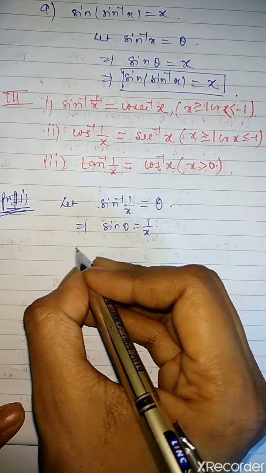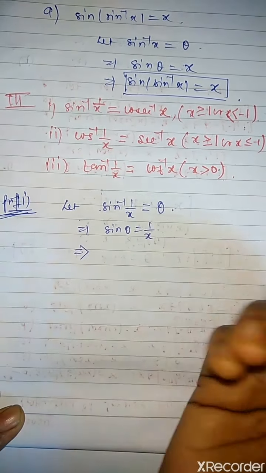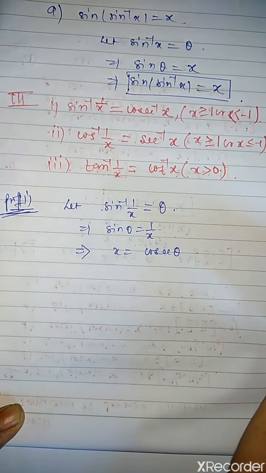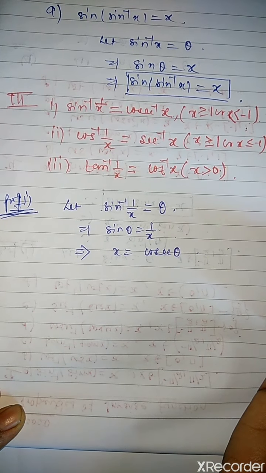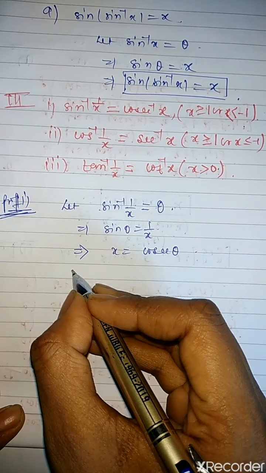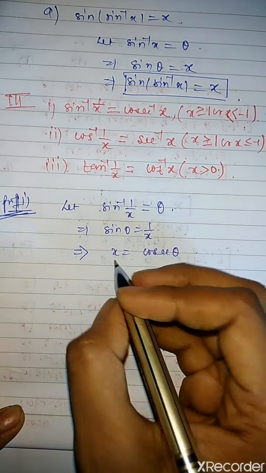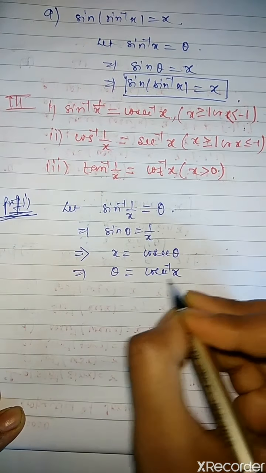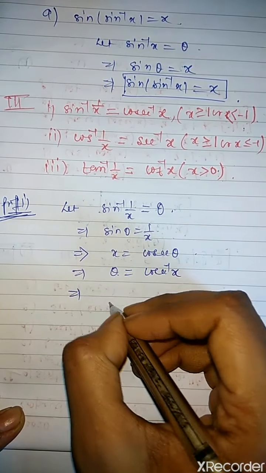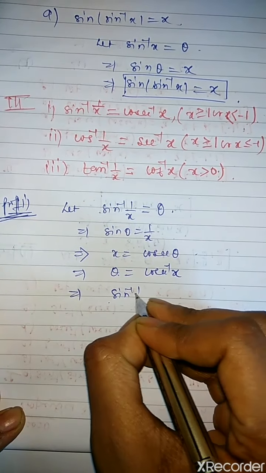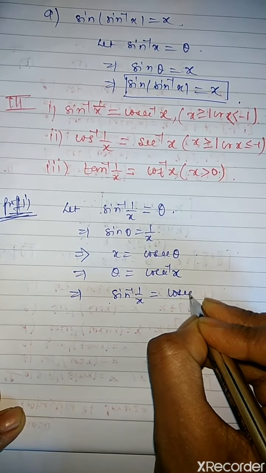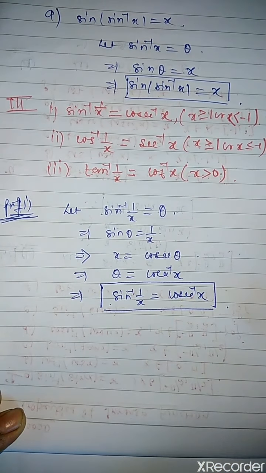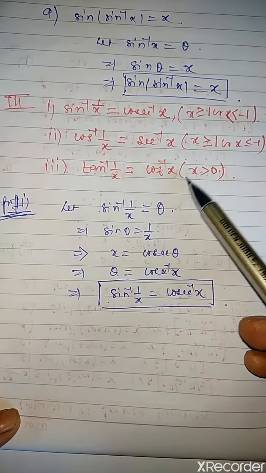From here we can write x equals cosec theta, and this implies theta equals cosec inverse x. Now we put the value of theta here. Theta is sine inverse of 1 by x, and this equals cosec inverse x. So hence the proof. Similarly, we can prove the second one and the third one.